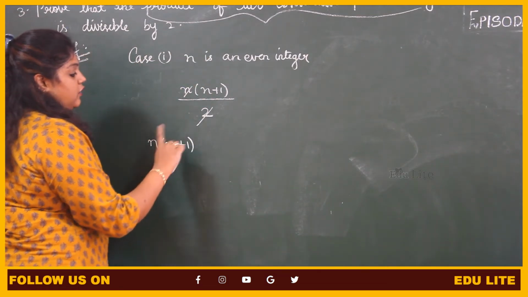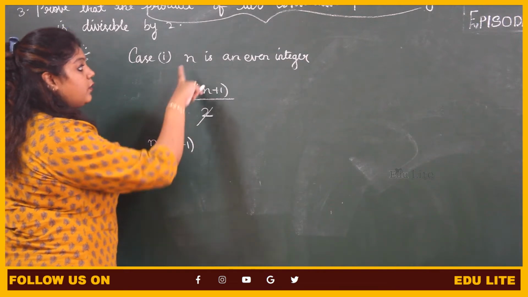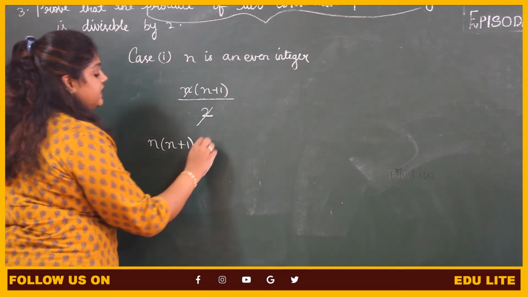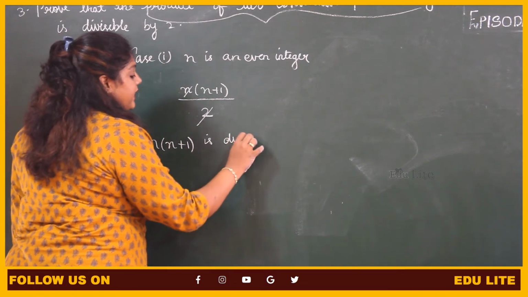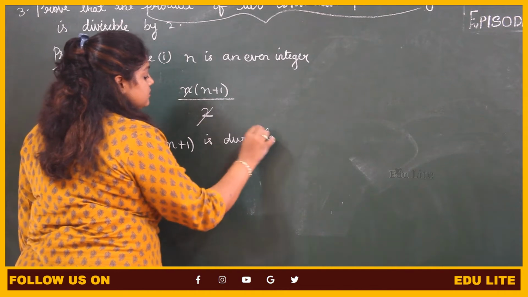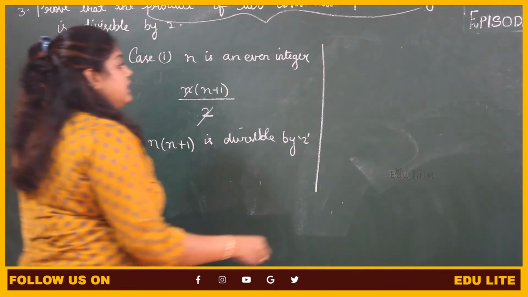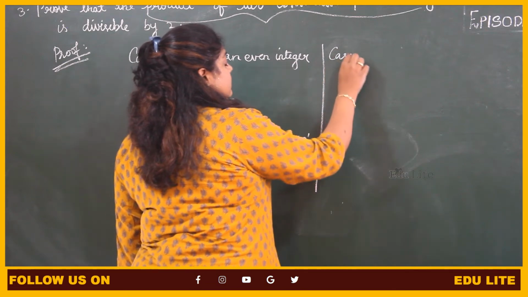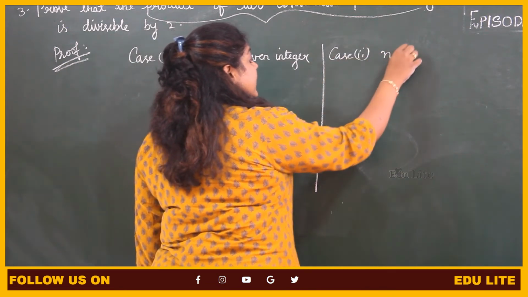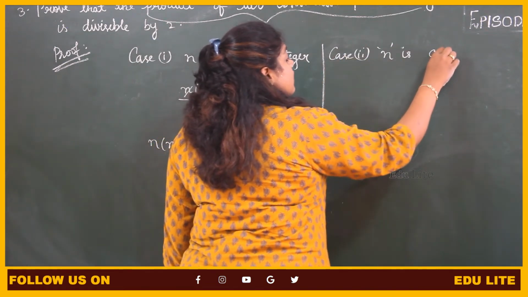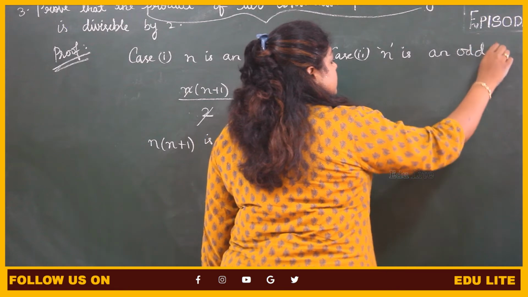That is, the product of two consecutive numbers when n is an even integer is divisible by 2. Next, in case 2, we are going to consider n as an odd integer. What does it mean?